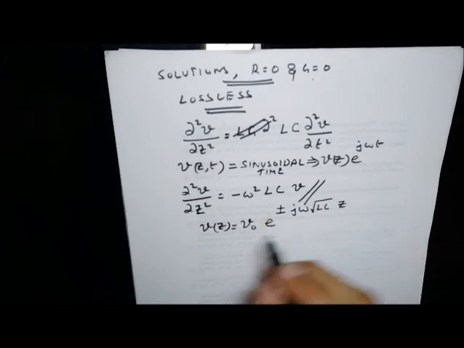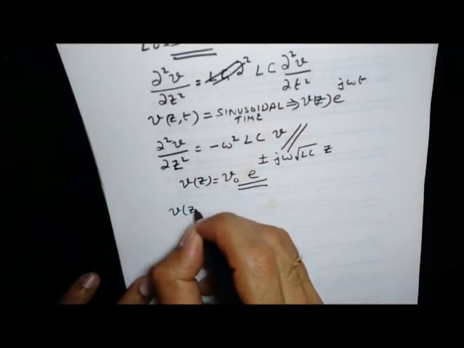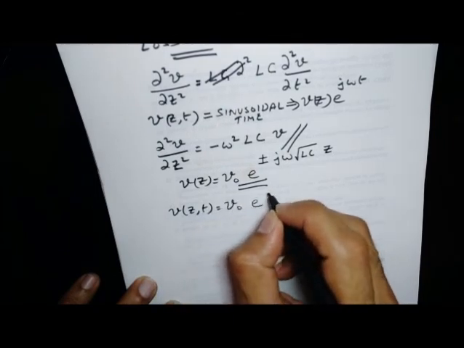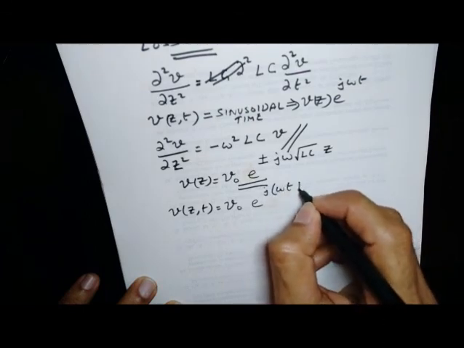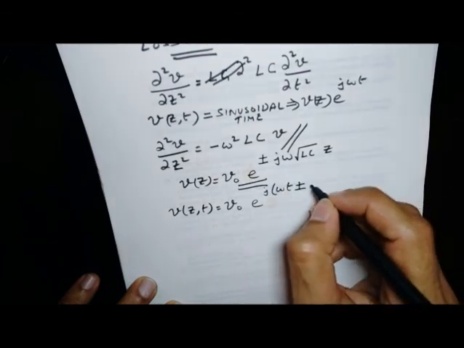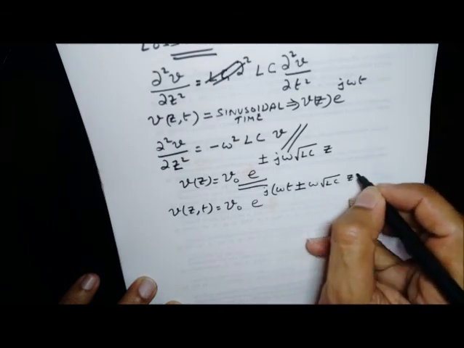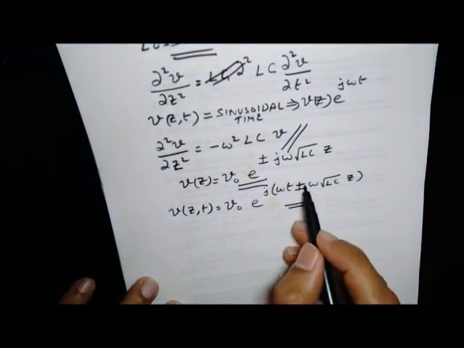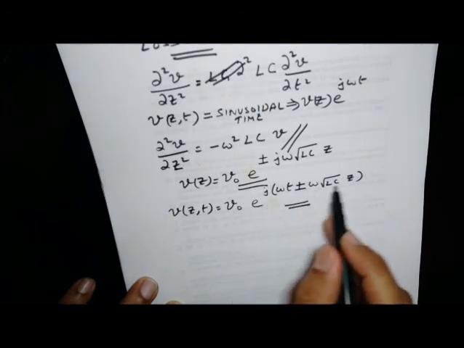So this is the solution, which means that V(z,t) is equal to V naught e power j omega t plus or minus omega root LC z.